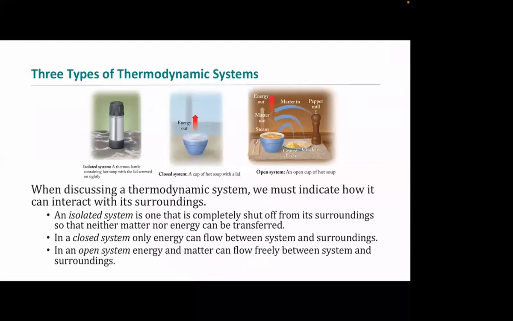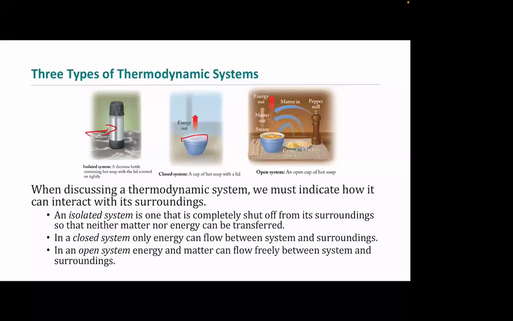Here are three systems, and that middle one is not very clear. It's supposed to have a lid on it, it says closed system, cup of soup with a lid, but you can't really see the lid. I'm going to add my own lid. Now, energy can still get out. The idea here is that this is a thermos, super insulated, right?